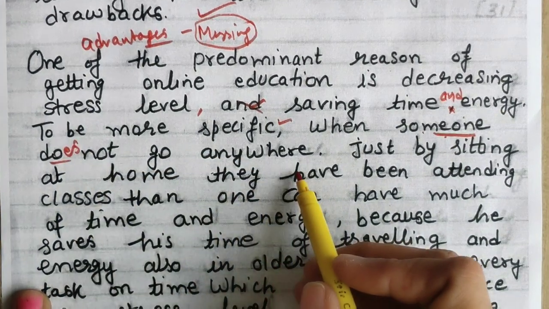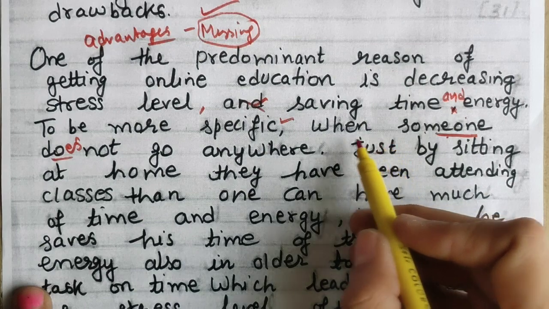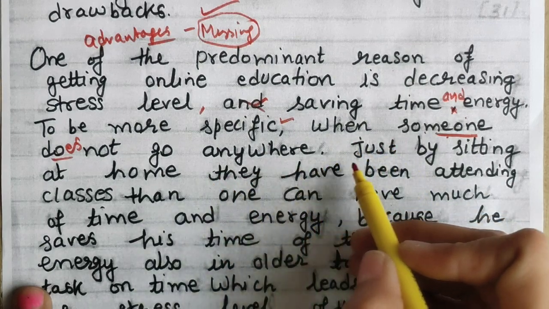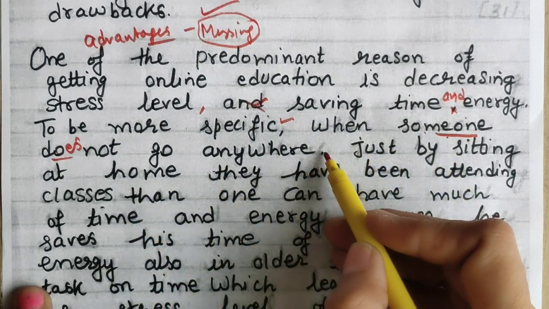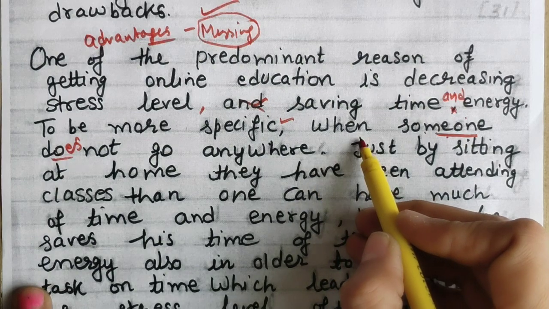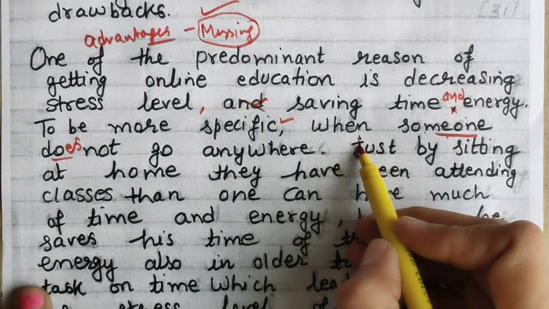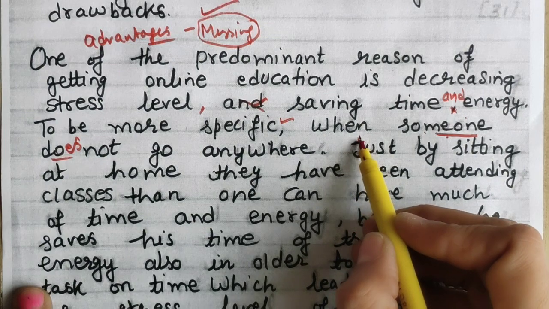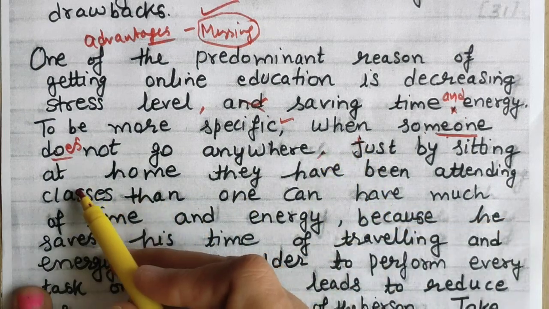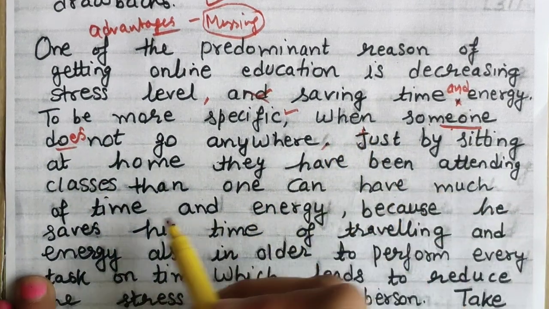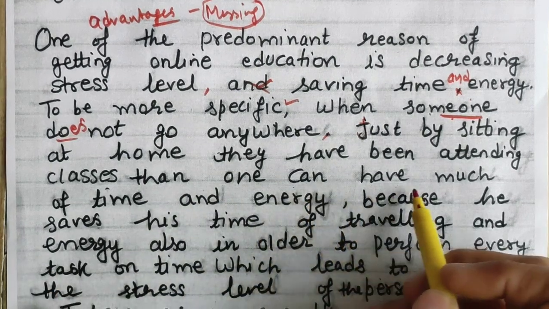When someone does not go anywhere, just by sitting at home, they have been attending classes, then one can have much.